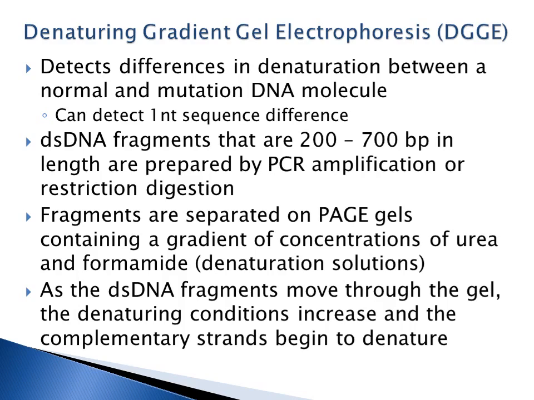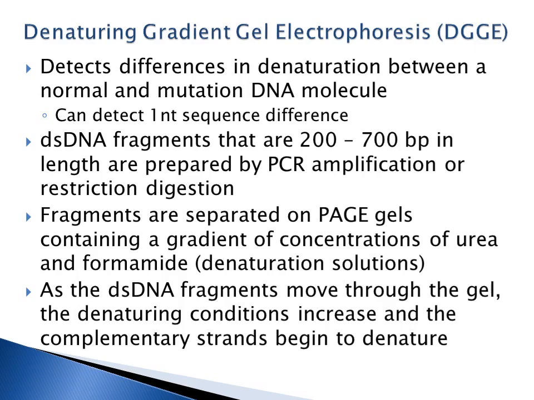So you have double-stranded DNA fragments that are between 200 and 700 bases in length, and they are prepared using PCR amplification or restriction digestion to break your DNA molecule up into pieces. These fragments are separated on polyacrylamide gel, and this polyacrylamide gel has a gradient of concentrations of urea and formamide.